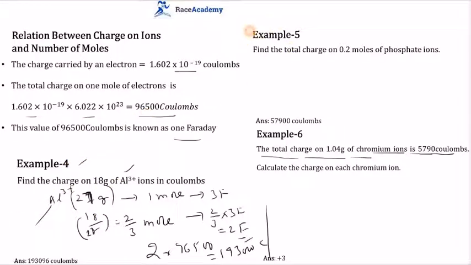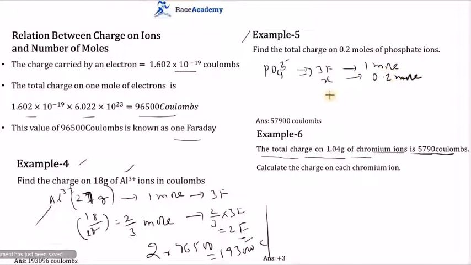Moving on to our example number 5, find the total charge on 0.2 moles of phosphate ions. 0.2 moles of phosphate ion means, what is the phosphate ion formula? PO4 3 minus, phosphate. So this phosphate ion usually has 3 Faradays for 1 mole. But how many Faradays is the charge which is carried by 0.2 moles?